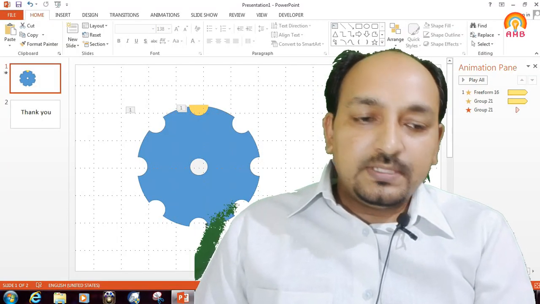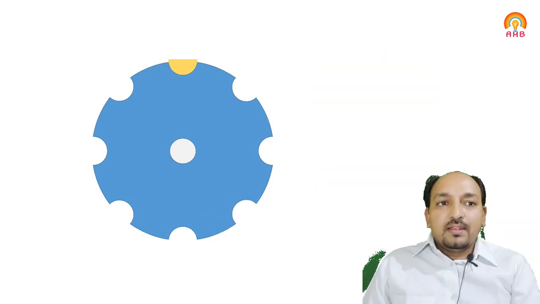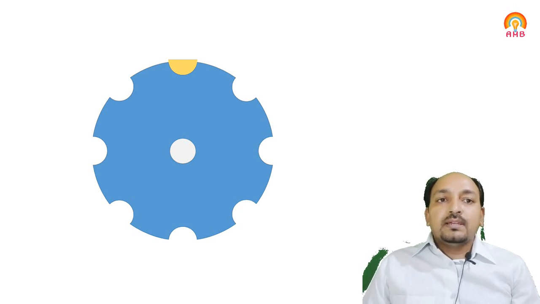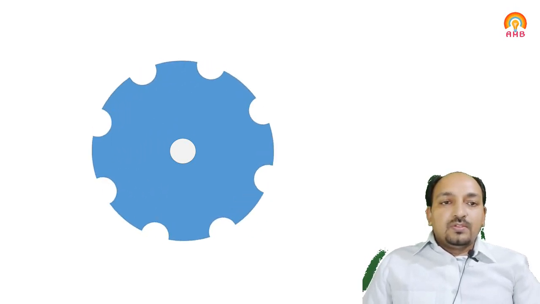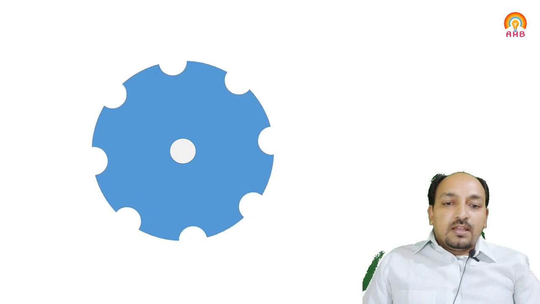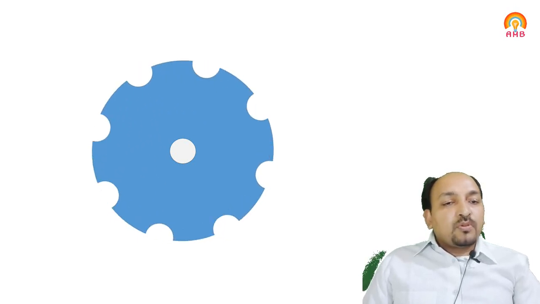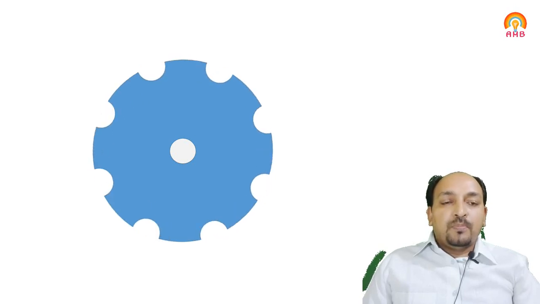From first slide you can see here how animation takes place. So this is the starting position, and when you click on the animation, so animation takes place. So this is how this type of rotation effect can be applied to the objects in PowerPoint presentation.